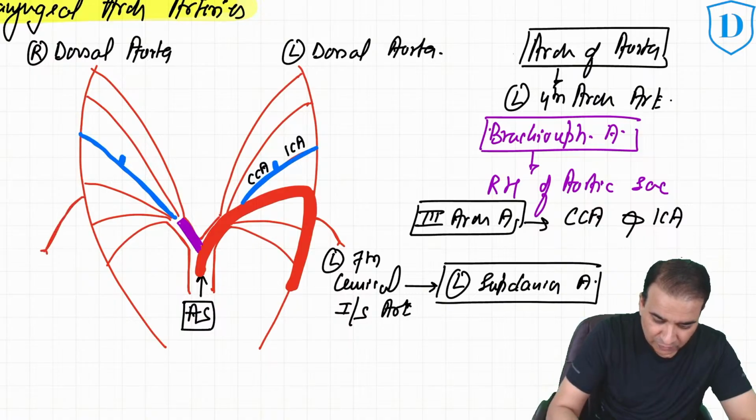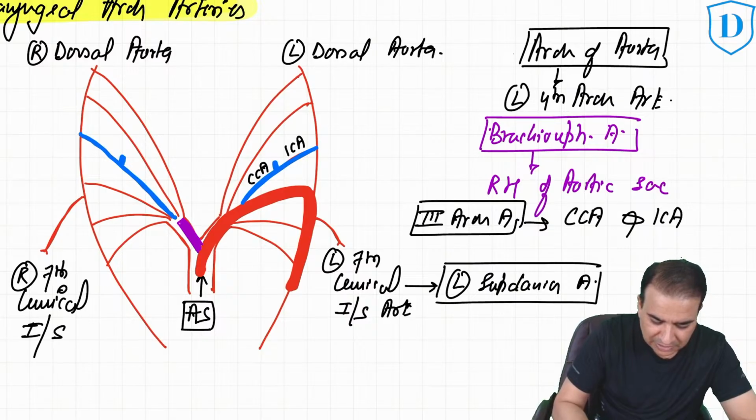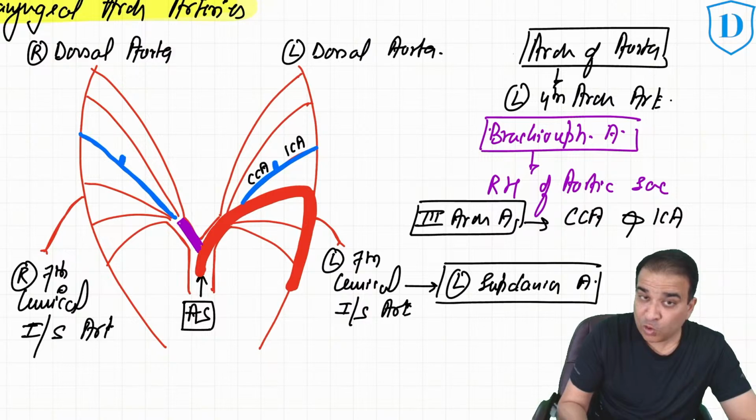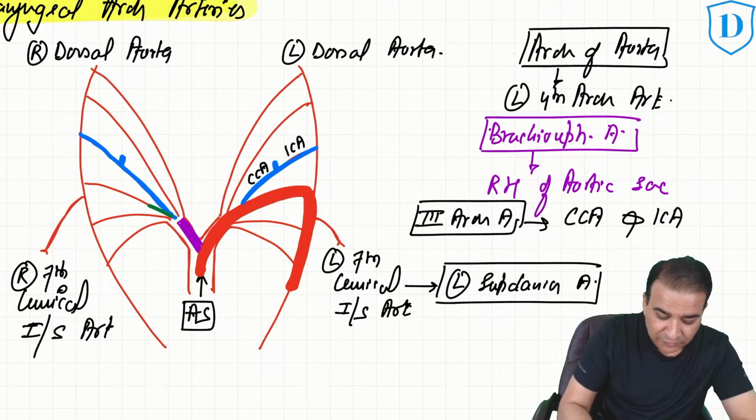No problem with that. We do have the right 7th cervical intersegmental artery, but that alone will not give rise to the subclavian artery, because for the subclavian artery on the right side, we need the 4th arch artery also.